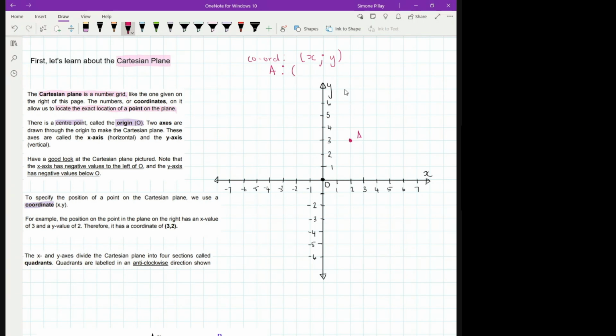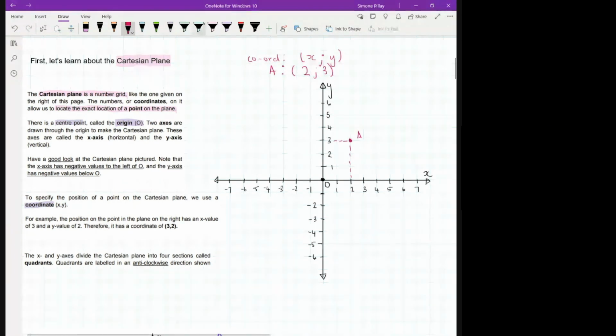What we're going to do is look for the number on my x-axis, and that is going to be a +2. And what is my y-coordinate? My y-coordinate is going to be a +3. And so there we go. My coordinates are going to be (2; 3).